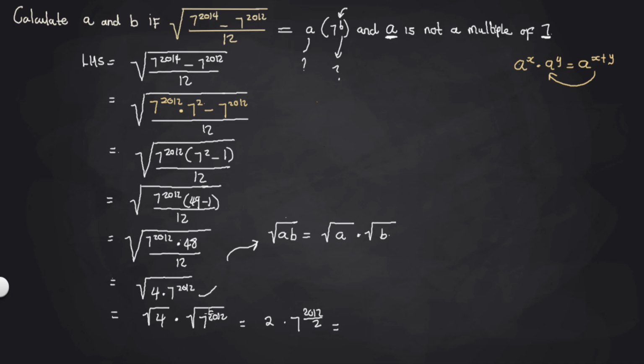You take this, then you divide it by 2, equal to 7 raised to 1006. This means that A is equal to 2, B is equal to 1006.